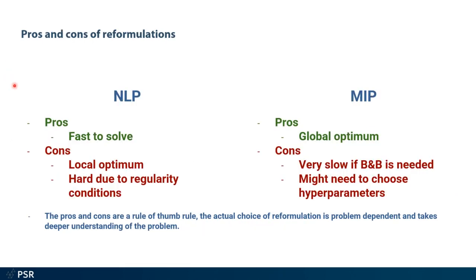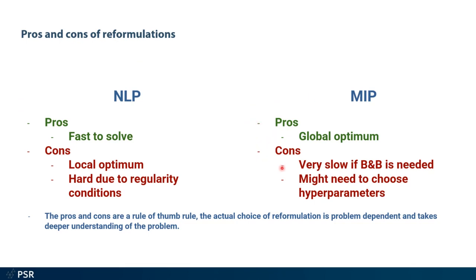Each of the two groups of reformulation has its pros and cons. For instance, the NLP formulations are very fast to solve, very frequently. However, they usually attain local optimal solutions and might have trouble due to regularity conditions. On the other hand, the mixed integer formulations are very useful if you want to obtain global optimal solutions.